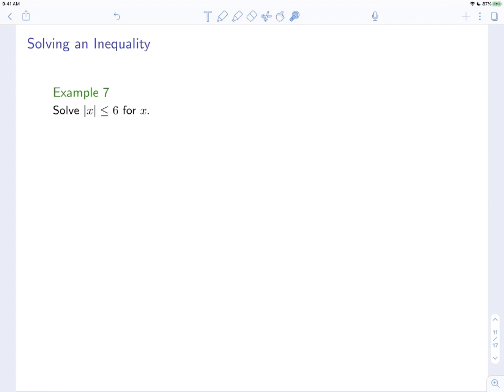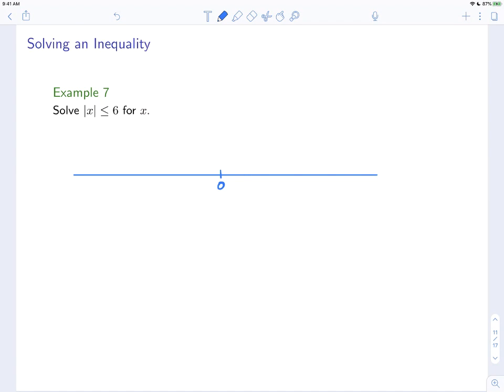So what is this telling us? The absolute value of x is the distance away from 0. So here we're looking for x values so that the distance away from 0 is 6 or less. Well, let's draw a number line, like so. And here's 0.